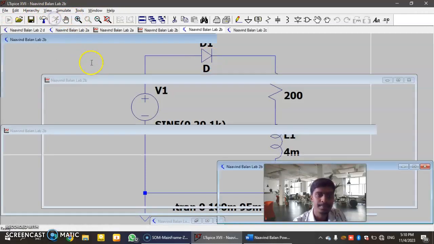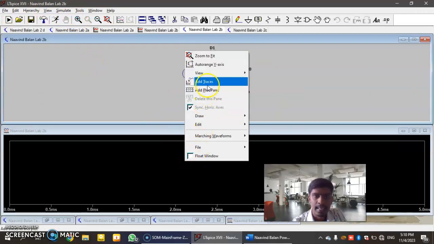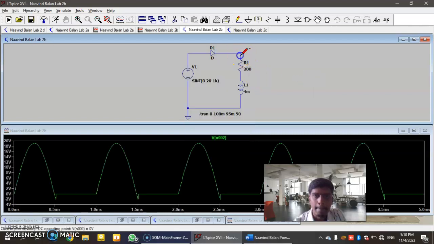So I simulate, and I will get the output like this. This one is the resistor, and this one is the inductance, which cannot be suddenly discharged. So the result will discharge a little bit until some value, and then it will go down to zero for the half wave rectifier.